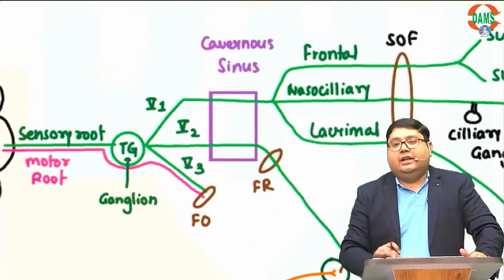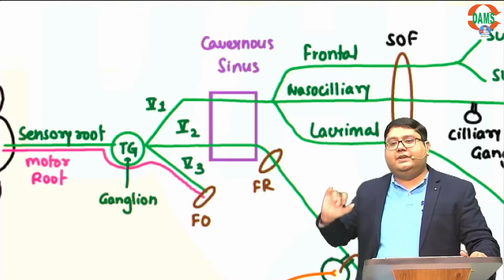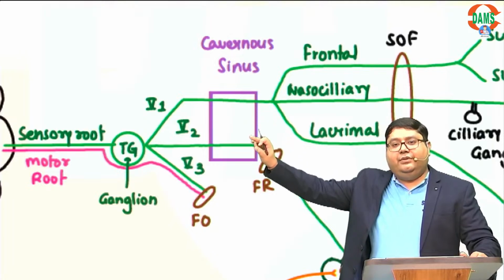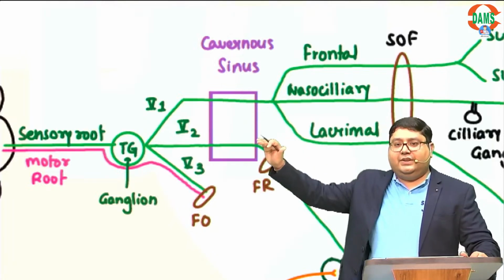Yes. Now dear friends, if we look at the cavernous sinus, we have the V1 fiber passing from here, and V2 fibers also passing through the cavernous sinus.